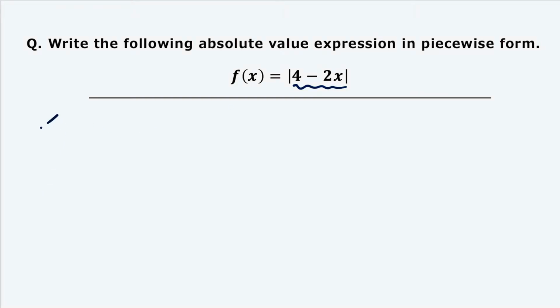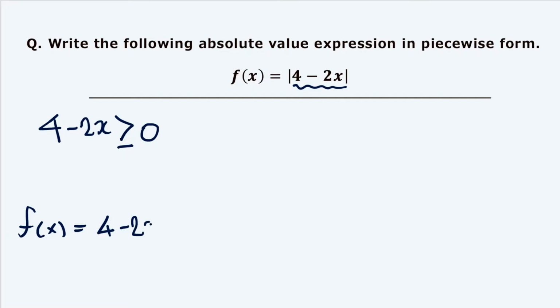Case number one is when it's positive. 4 minus 2x is positive. In that case, the function f at x can come out just the way it is, which is 4 minus 2x. Now, when you simplify this one a little bit, let's do minus 4. That will get rid of this 4.